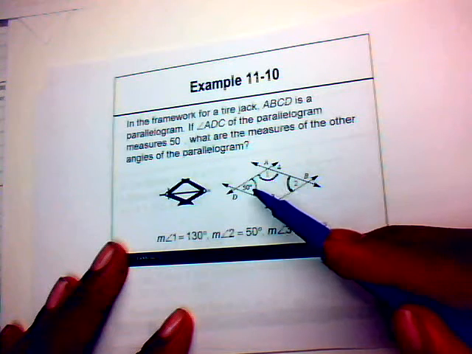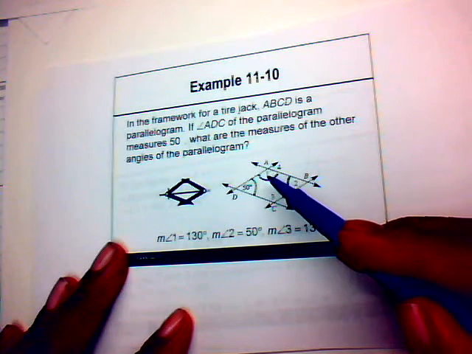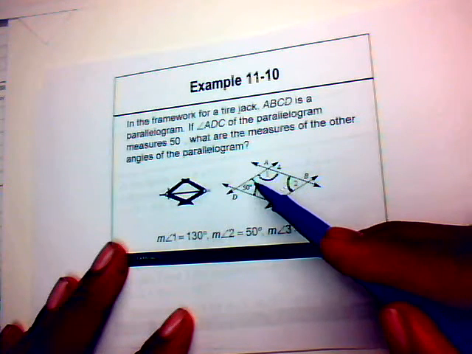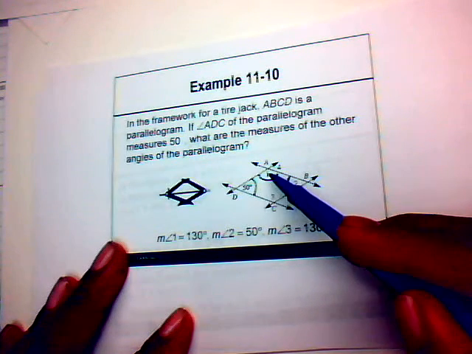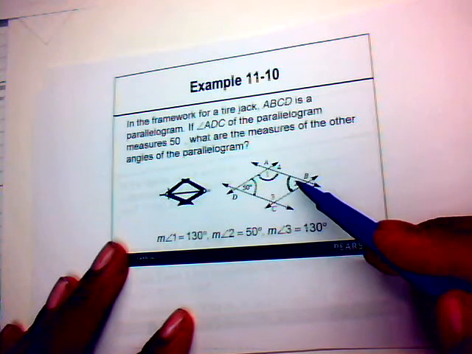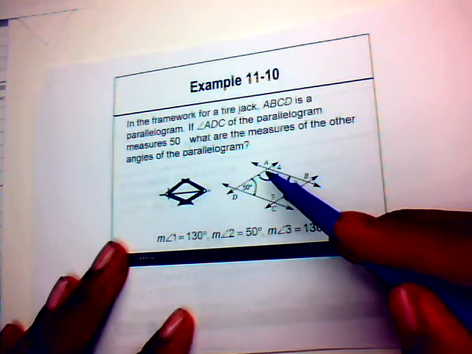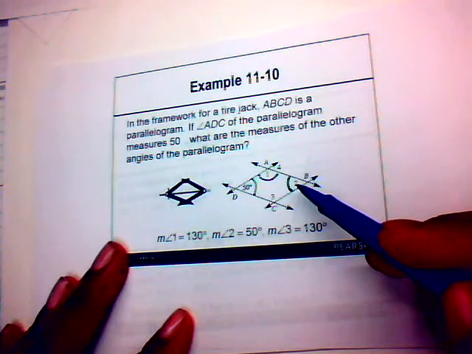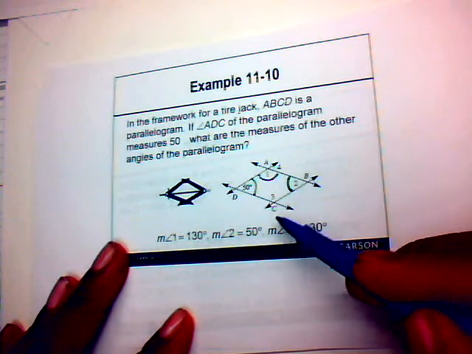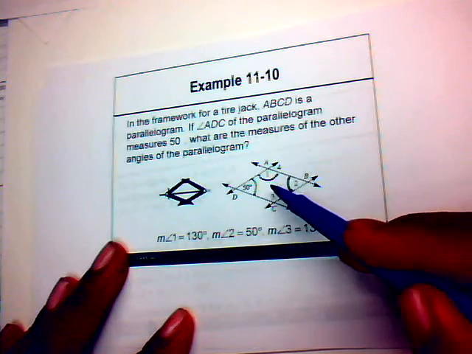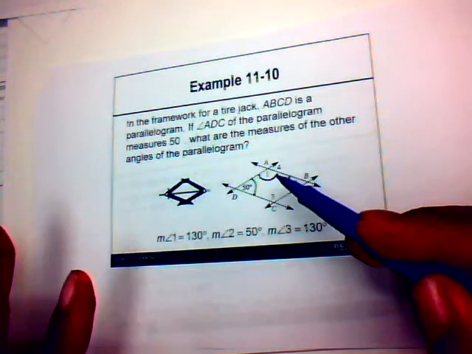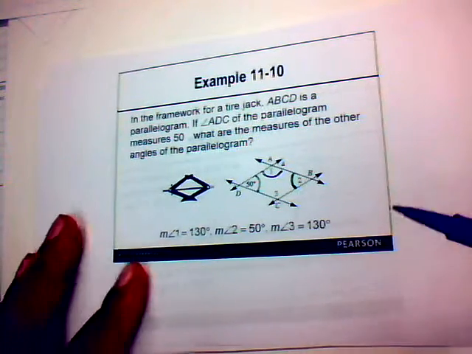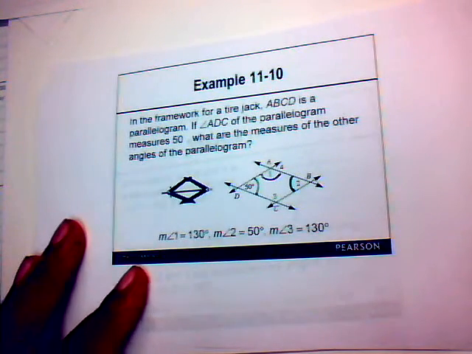Supplementary means that the sum of these two angles is 180. These are two consecutive interior angles. Also, angle 1 and angle 2 is a pair of consecutive interior angles. They're supplementary. They add up to 180 degrees. So if I found that angle 2 was 50 degrees, then angle 1 will have to be 180 minus 50 degrees, which is 130 degrees.